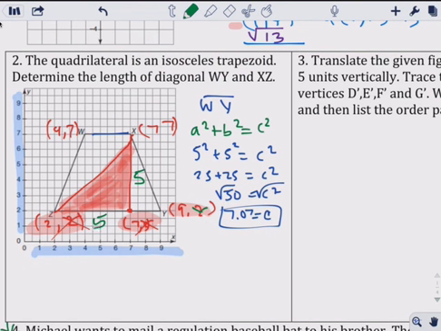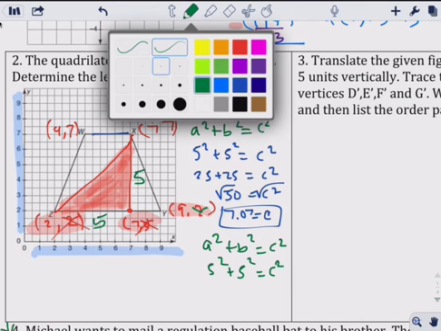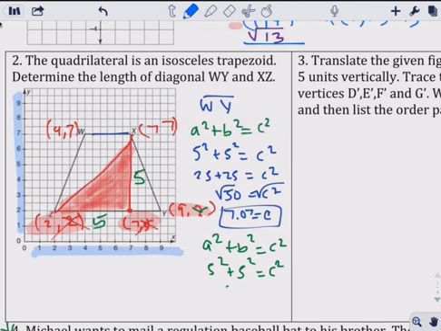So because they're both 5, a squared plus b squared equals c squared, 5 squared plus 5 squared equals c squared. So we can make this statement that it's 7.07 also.